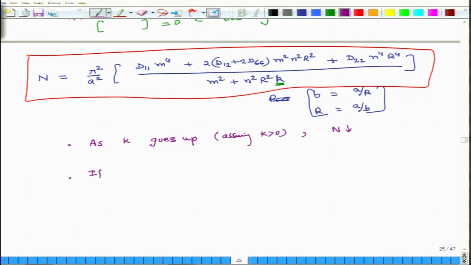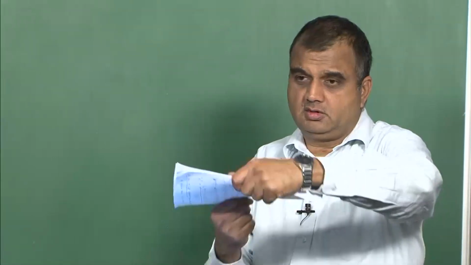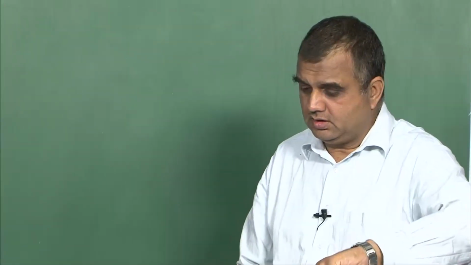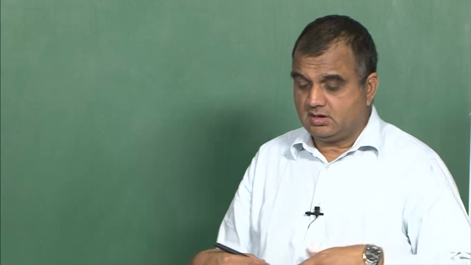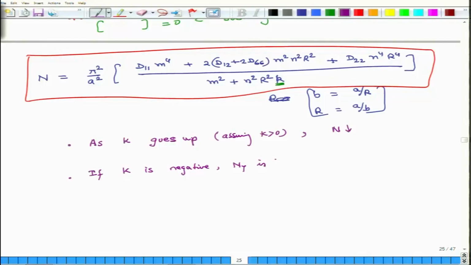Second, if k is negative, which means that I am pressing the plate like this, but on these ends I am not pressing the plate, but I am pulling it. Okay. If k is negative, which means in y direction, Ny is tensile. So, what does that mean?